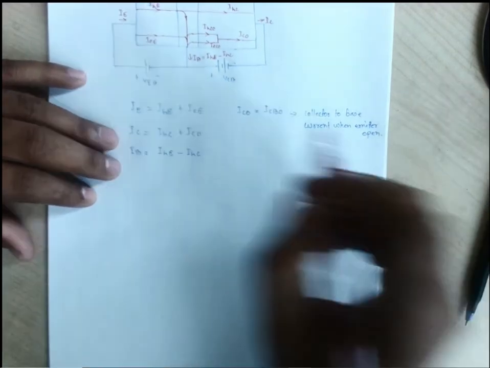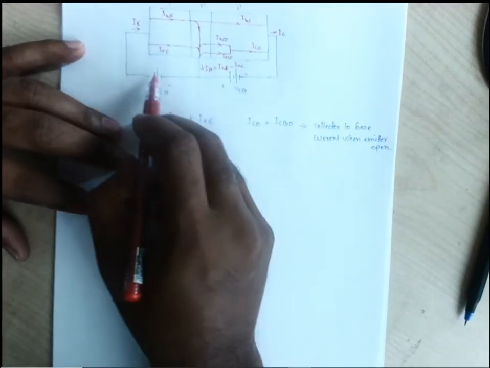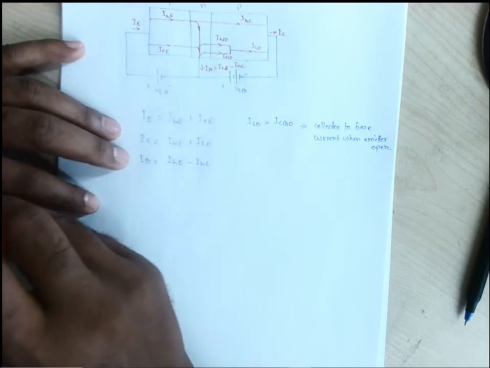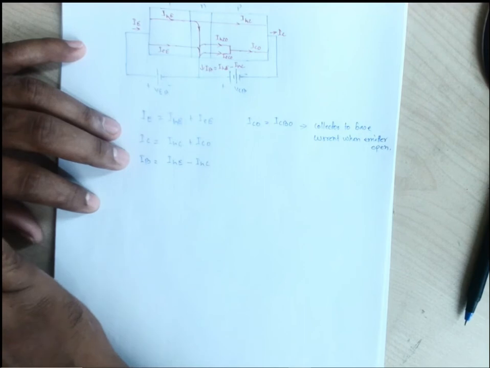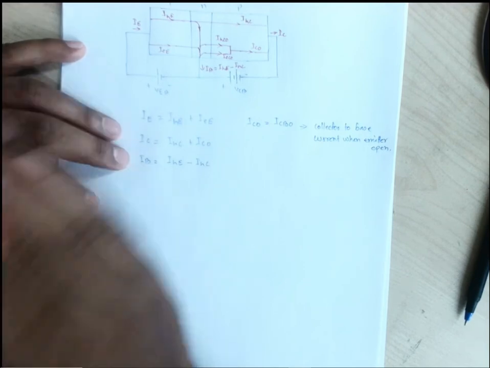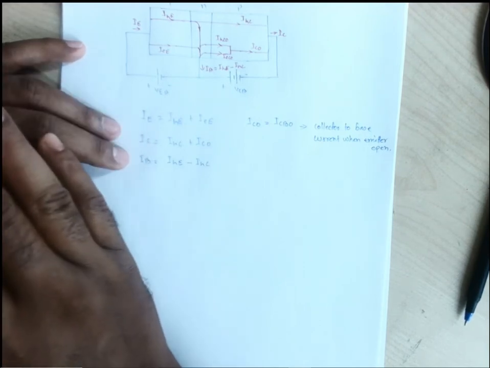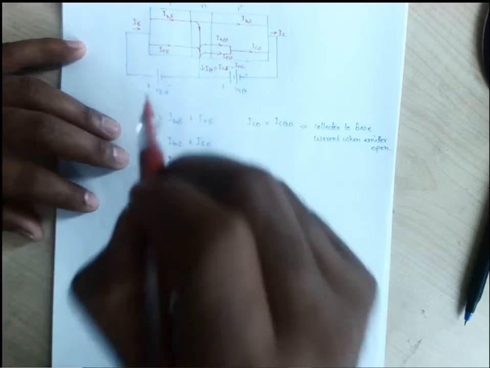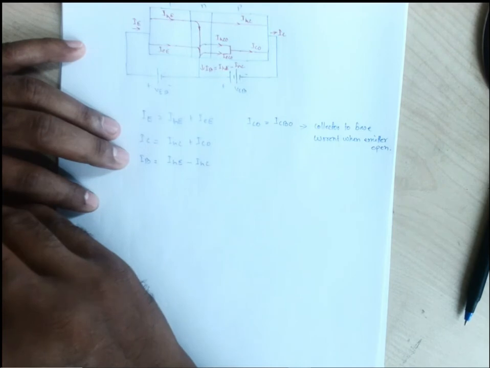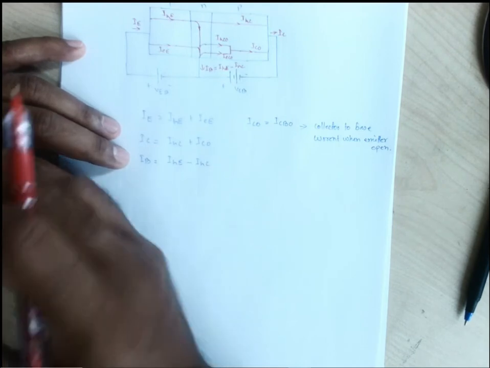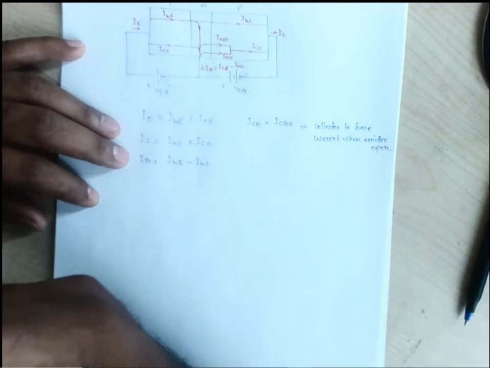So what does it mean? If our emitter is open, that is, no biasing has been provided to the emitter, the charge carriers flowing into the external circuit are only due to the minority charge carriers flowing between the collector and base, because the collector-base junction is reverse biased. This reverse bias takes care of the minority charge carrier current.